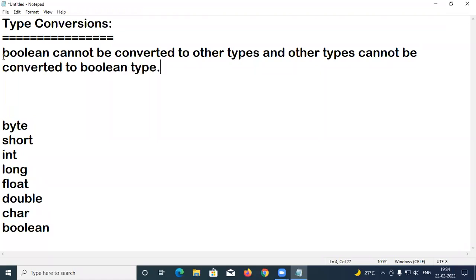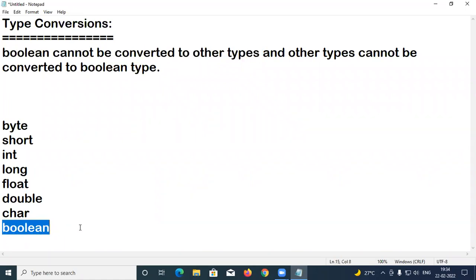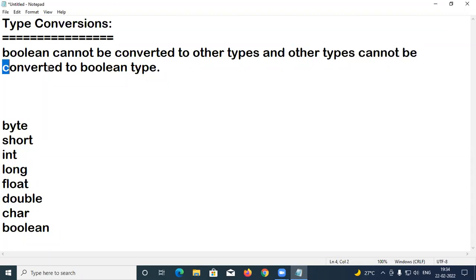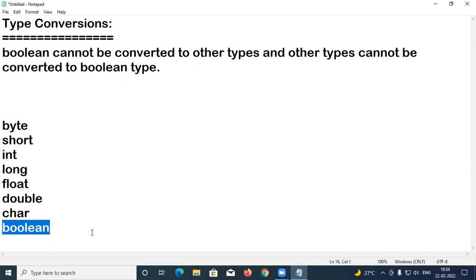Boolean cannot be converted to other types, that is 7. And other types cannot be converted to Boolean, that is 7. 7 plus 7, 14. If you remember one line, 14 is over, no? In a type conversion, if the Boolean data type appears, directly I can write the answer: error. It is not possible. This is the 14 conversions.